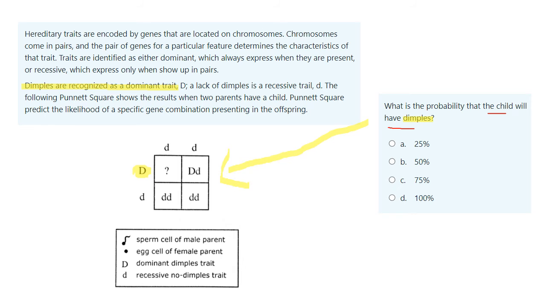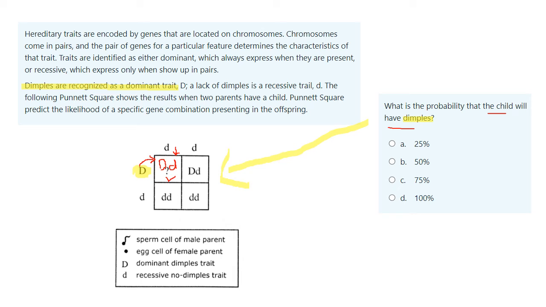So we can start by filling in the missing space. Here, we take the dominant gene from one father, and we take the recessive gene from perhaps the mother. Doesn't really matter if you put the father and the mother at the top or at the side, but we're certainly getting one dominant gene and one recessive gene.